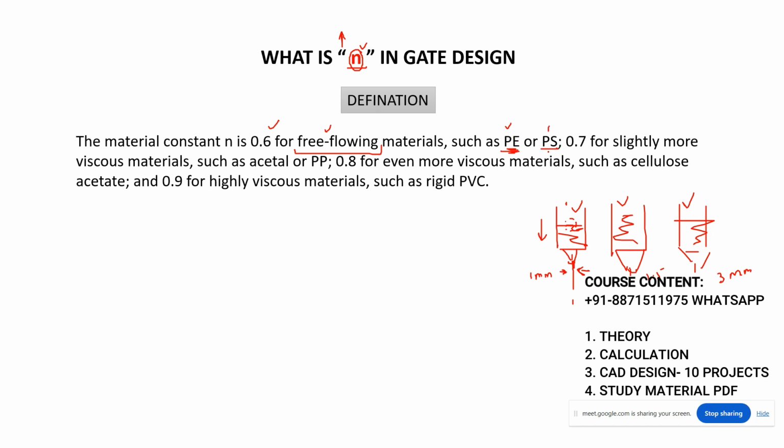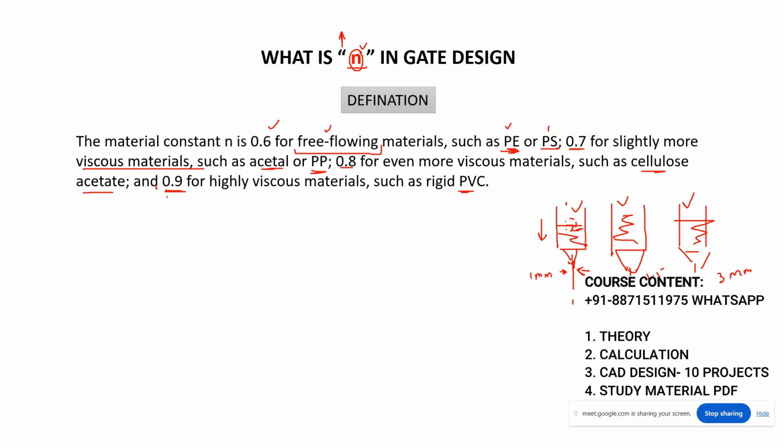PS means polystyrene. 0.7 for more viscous material such as acetal and PP, polypropylene, 0.8 for cellulose or acetate material, and 0.9 for highly viscous material like PVC.